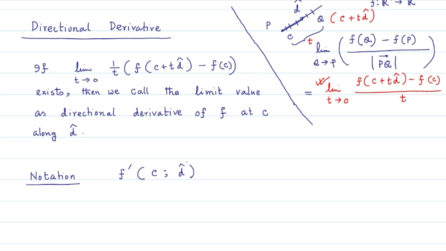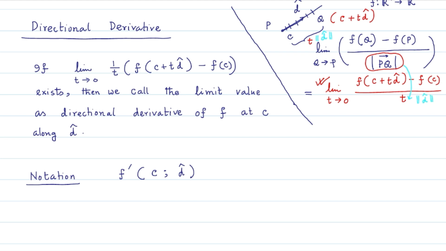If d hat is not a unit vector, then the length of the line segment PQ is given by t times the norm of d hat, and accordingly in the denominator we need to take t times the norm of d hat.